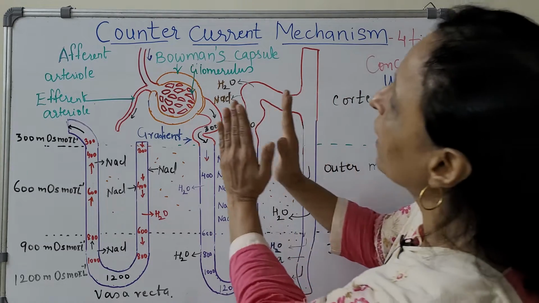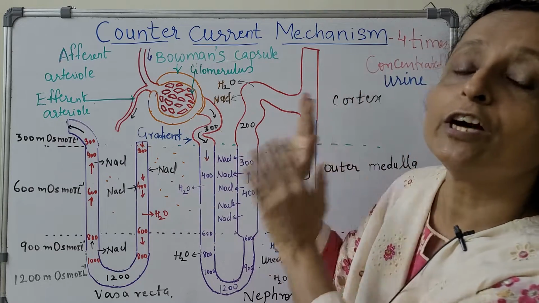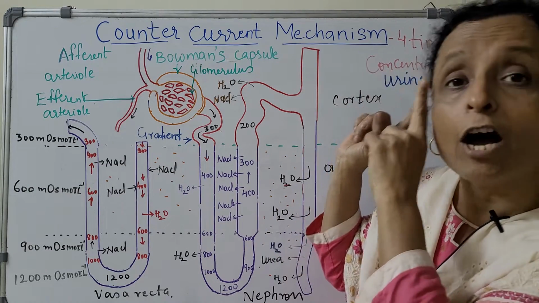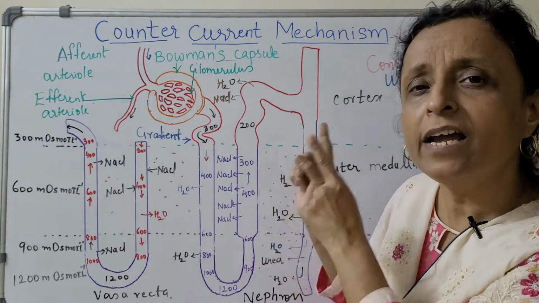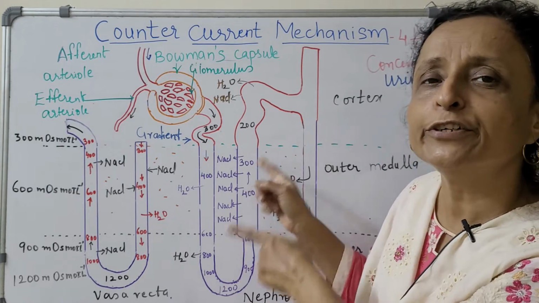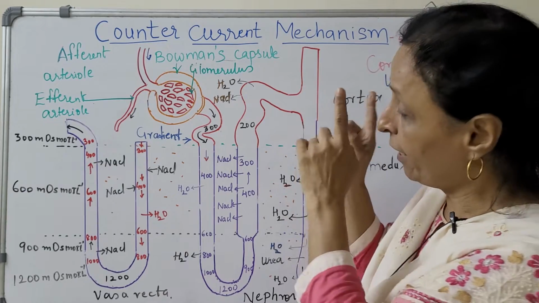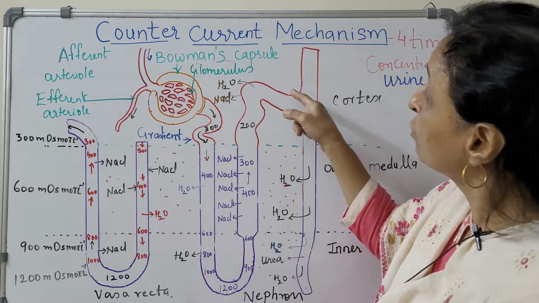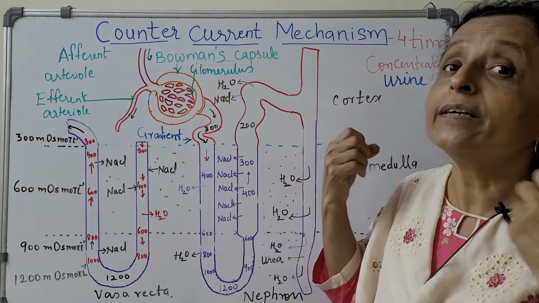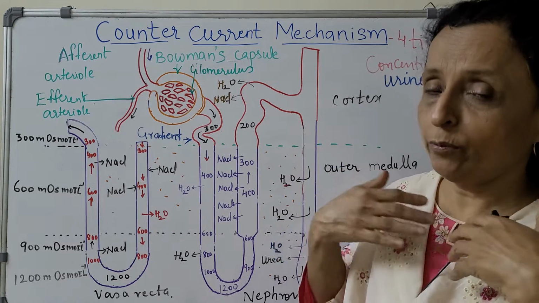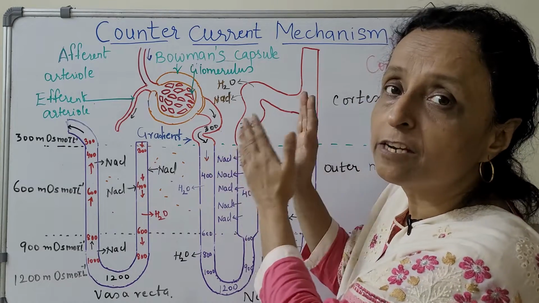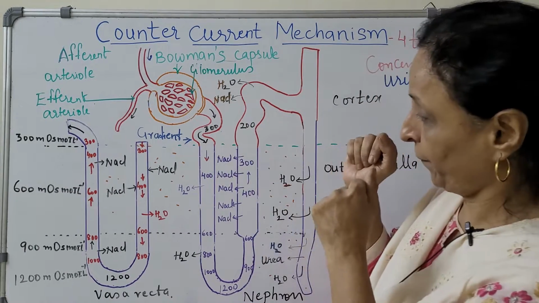They are exactly opposite. Therefore, they are known as the counter current. This counter current helps in concentration of urine.